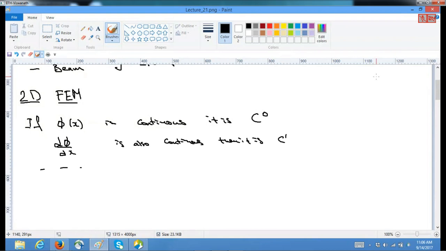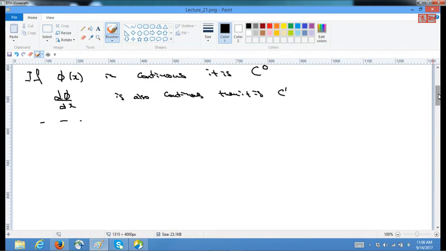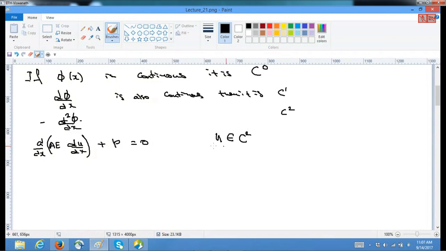So when we are doing a beam problem, we show that we need C1 continuity. For example, if we had a bar example where d by dx of AE du by dx plus some p is equal to 0, when we solved it, the requirement was that u has to belong to C2, because not only du by dx but also its derivative has to be continuous, that is the same as u.